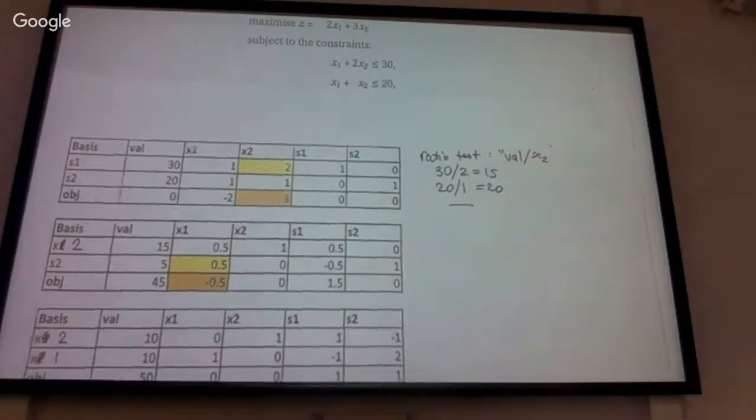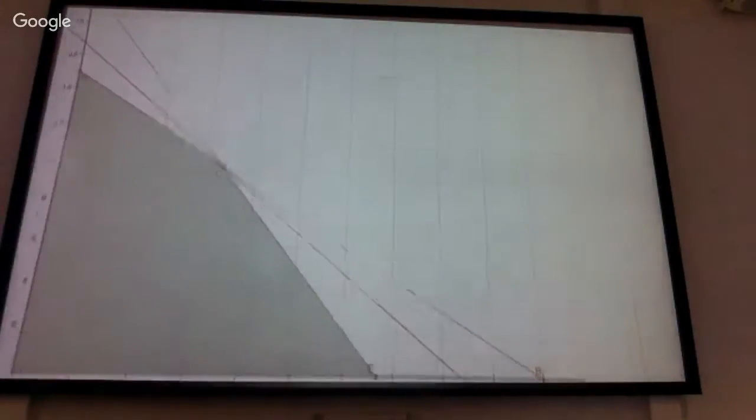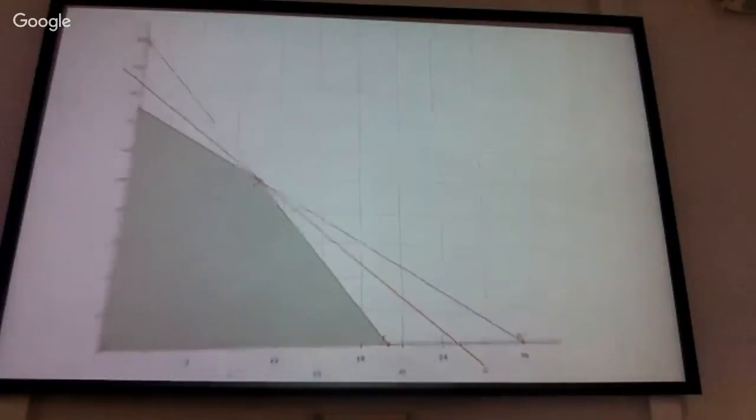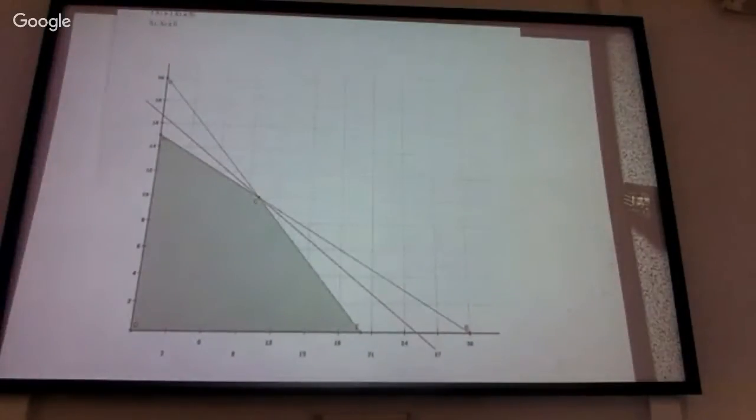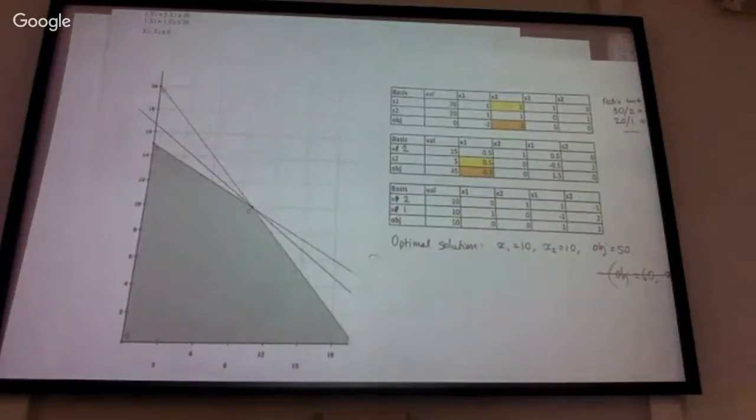The question asked you to plot the feasible region of this LP, so all the feasible solutions in the plane. If you look at the tableau, you see that in the first tableau both x1 and x2 are 0.